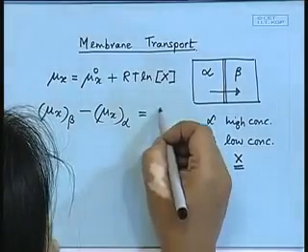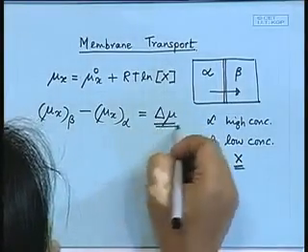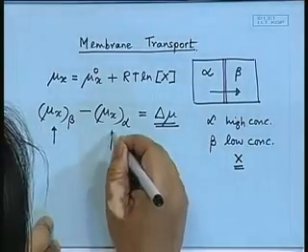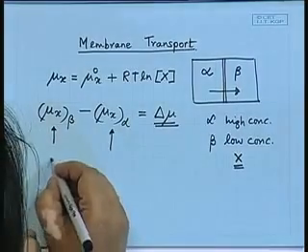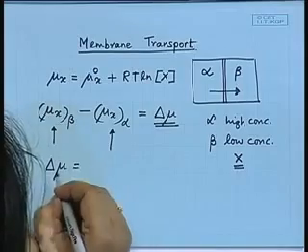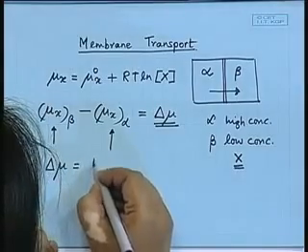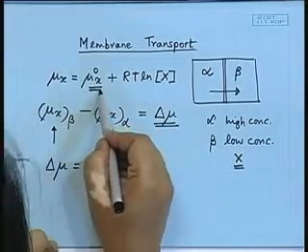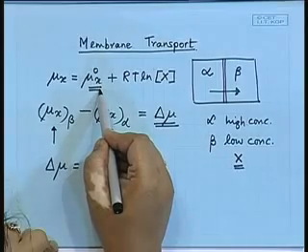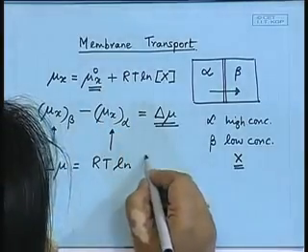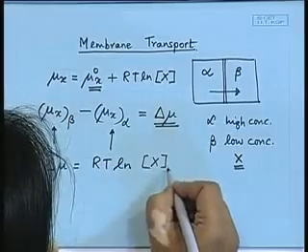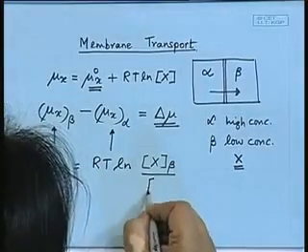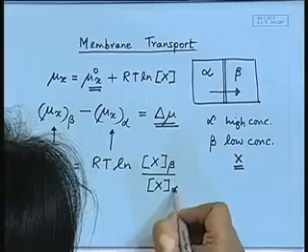That is going to give us our delta mu. If we write this out for beta and for alpha, the delta mu associated with this is going to be RT ln, because the mu 0 cancels out since we are speaking about the same solute X. So, we have RT ln of the concentration of X on the beta low concentration side over the concentration of X on the alpha side.